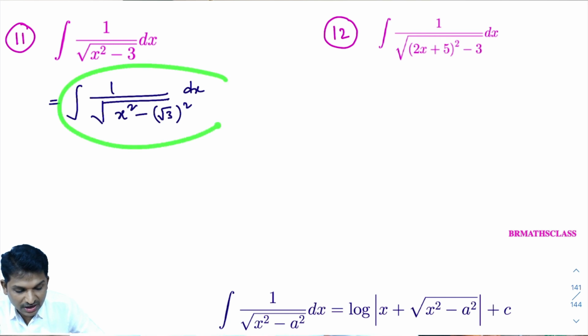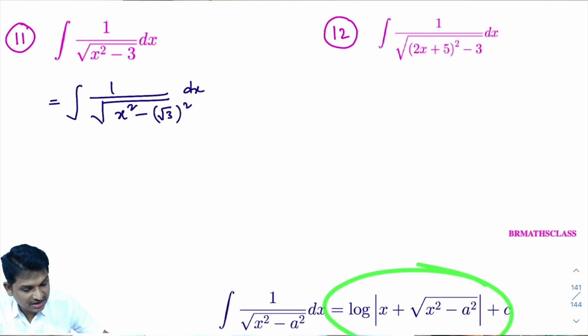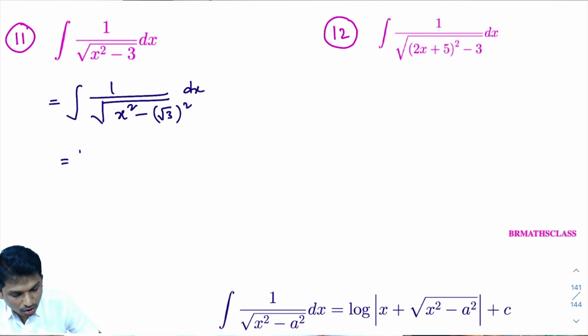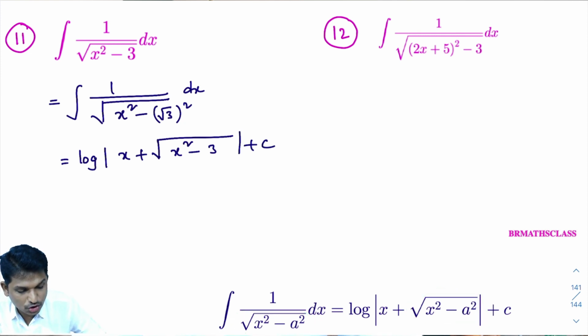I hope you understand. This is in the form of 1 divided by root over x square minus a square. Right. So apply the answer now. What will you get? Log mod x, x is x only. Log mod x plus root over x square minus a square. Look here: x square minus a square, x square minus a square, the same thing. What is there in the question? Same thing you write. X square minus a square is root 3 whole square, which is same as 3. Plus c. That's it. Over.